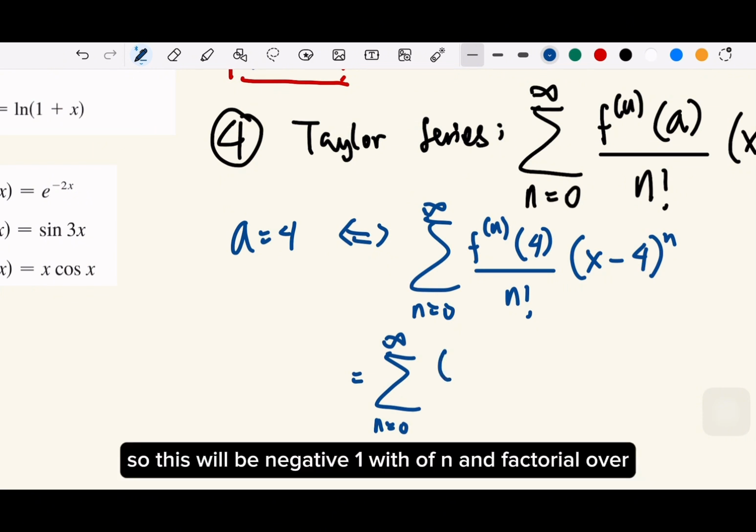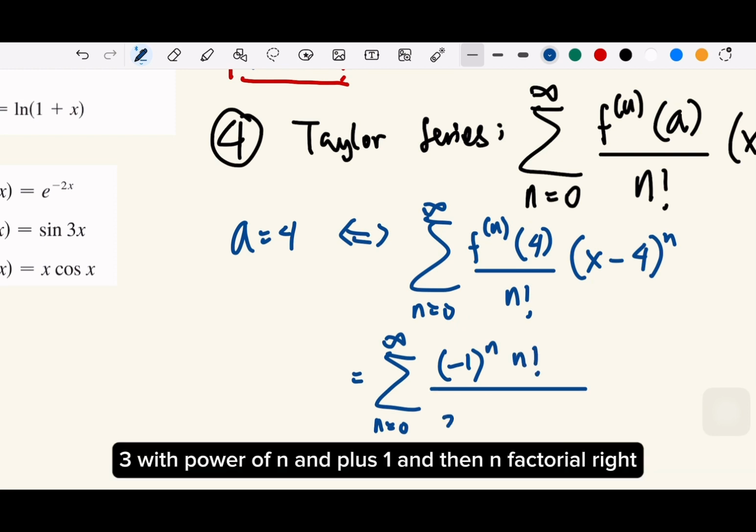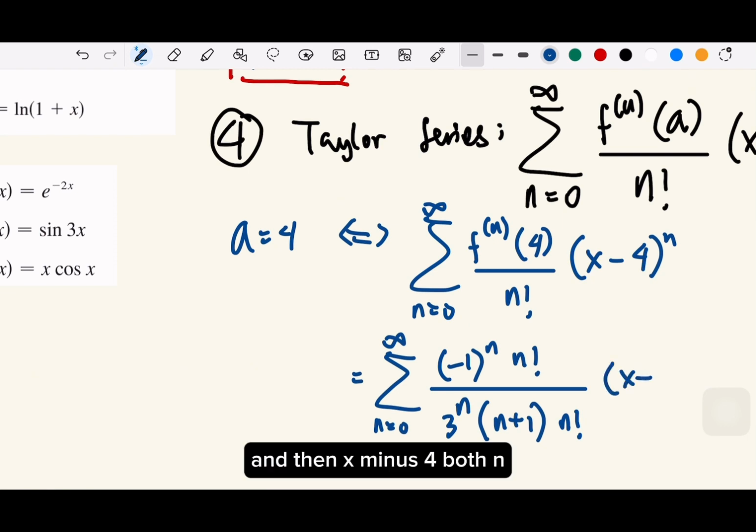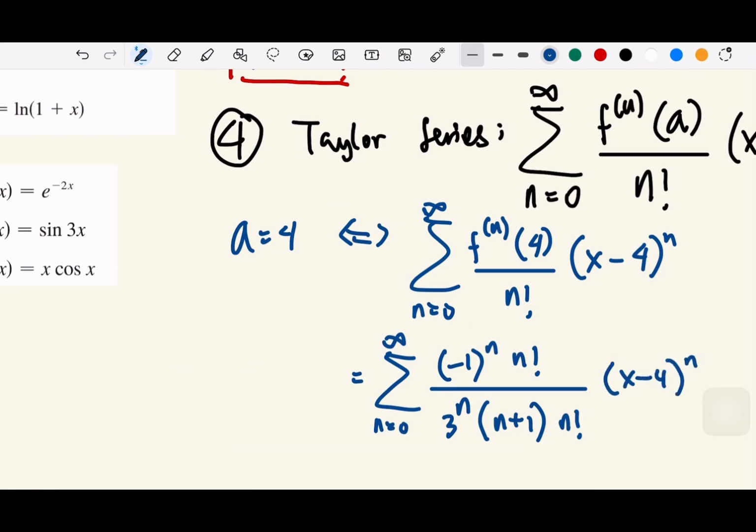So this will be (-1)^n n! over 3^(n+1), and then n factorial, right? And then (x minus 4)^n. We can cancel this part.